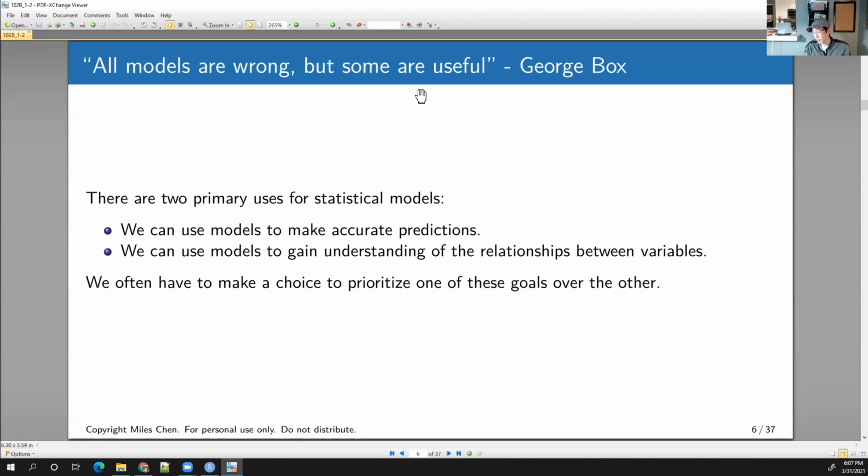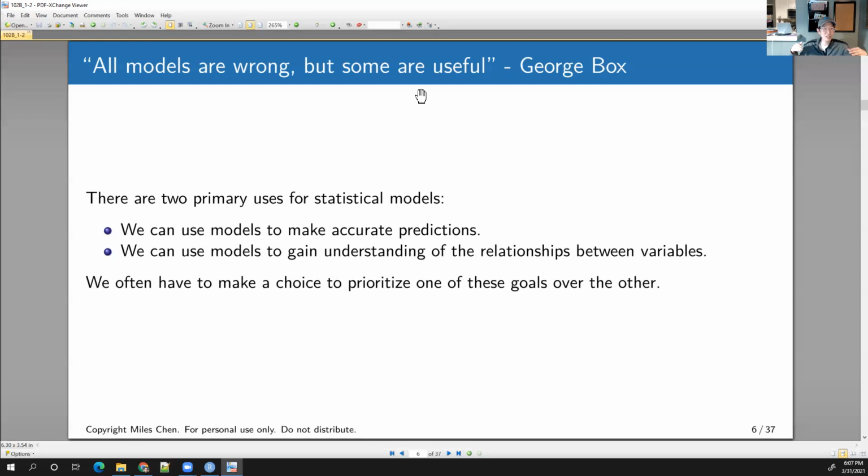Okay. And another use of models is to gain understanding of the relationships that exist between variables, right? So maybe we want to say, when this variable increases, it has an influence on this other variable. Or when we see this number decrease, we often tend to see this number also decrease.